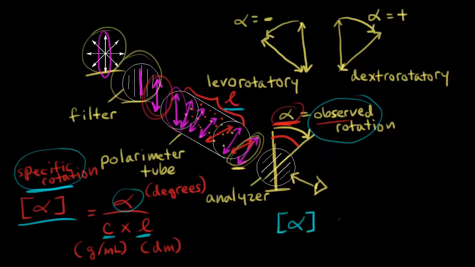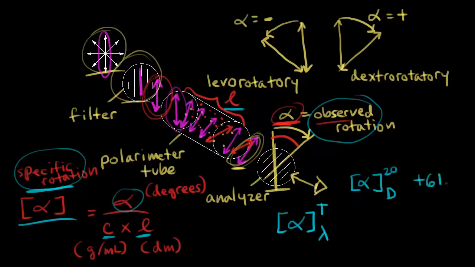This can also change depending on temperature and wavelength, so you need to specify the temperature here and the wavelength here. The specific rotation of S-carvone at 20 degrees Celsius, using the D line of sodium, is equal to positive 61.